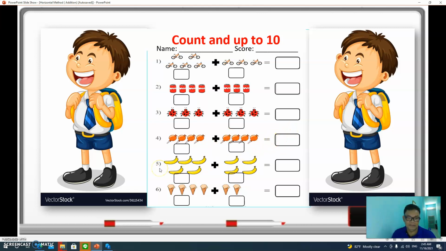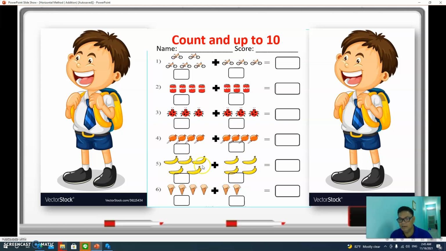Number 5. What is it? Banana. Bananas, 1, 2, 3, 4, 5. 5 plus 1, 2, 3, 4. 5 plus 4 equals 1, 2, 3, 4, 5, 6, 7, 8, 9.